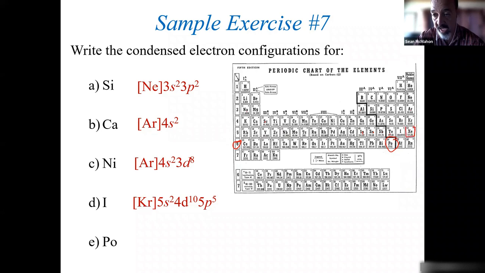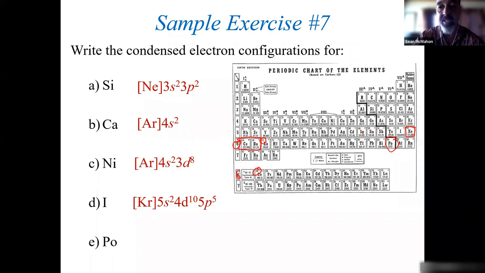The last noble gas to fill is xenon. But we would go 6s2. But remember, if I look at the numbers, 57, 72, what happened? I dropped down, and they even tell you 6 right here. I drop down here, and now I start the F block.